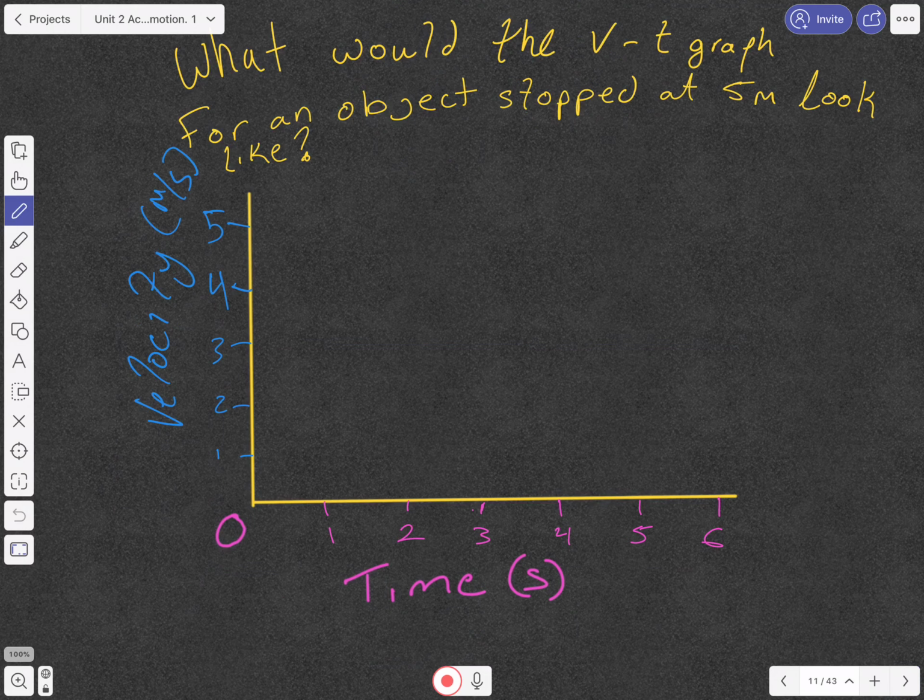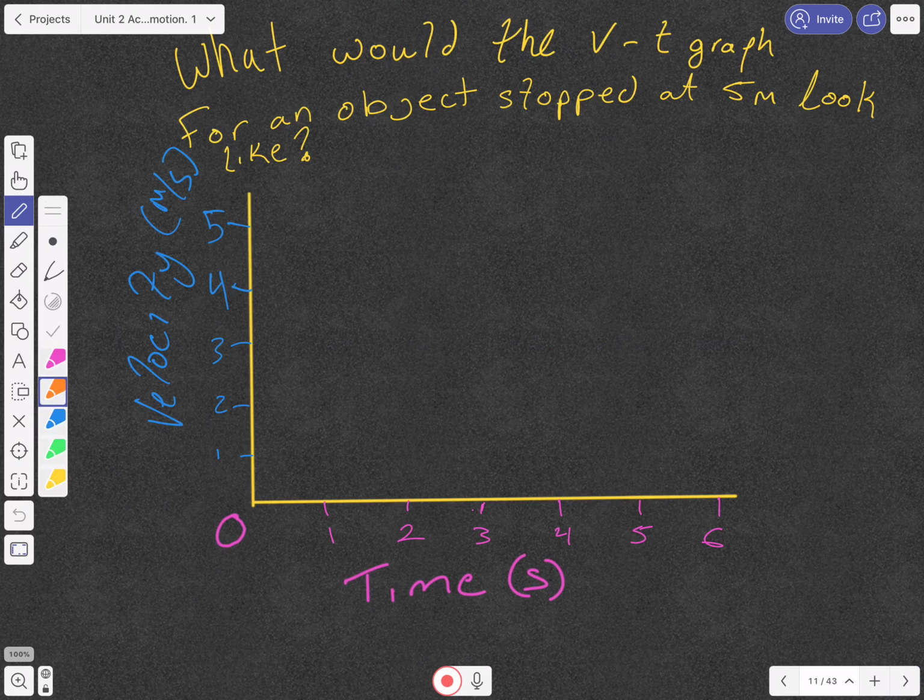So I suggest pausing it here and just trying this out on your own. And then once you've got an idea or an estimate or a guess, go ahead and hit play again. So I'm assuming you paused it, and now this is you hitting play again.